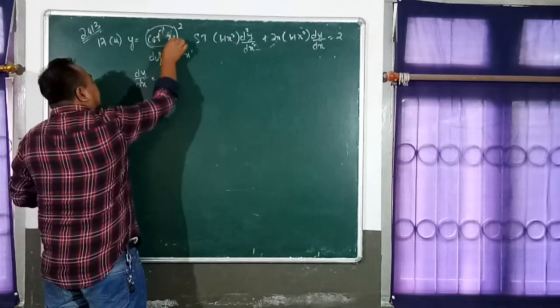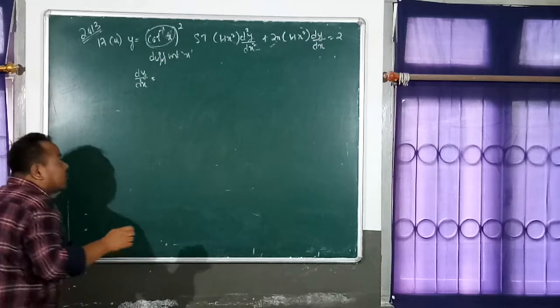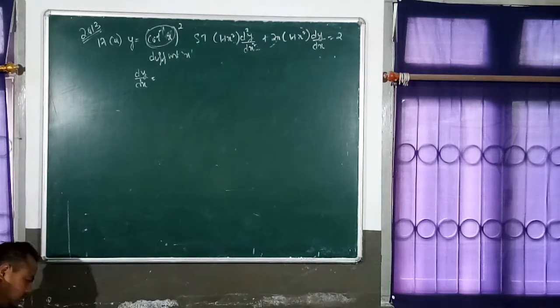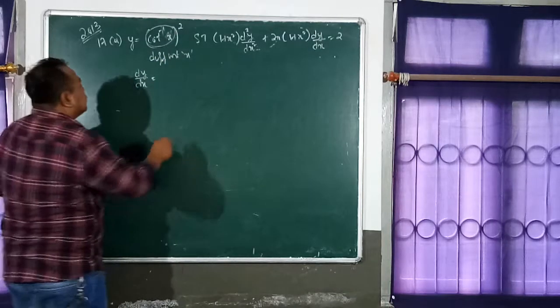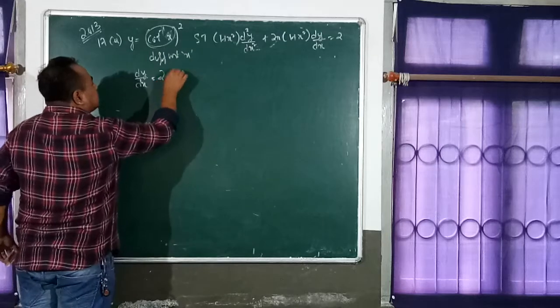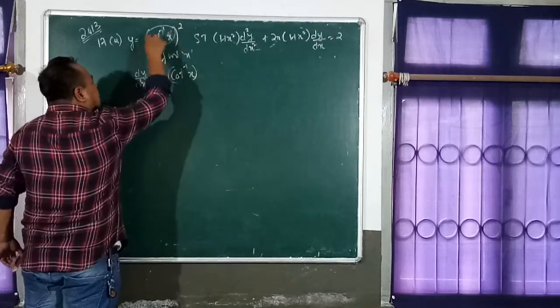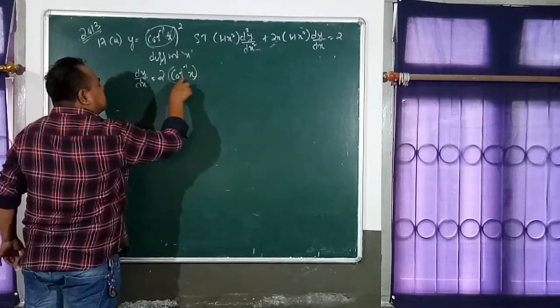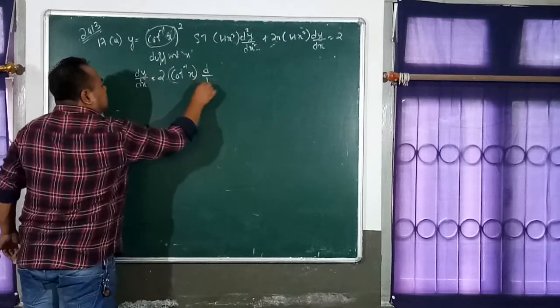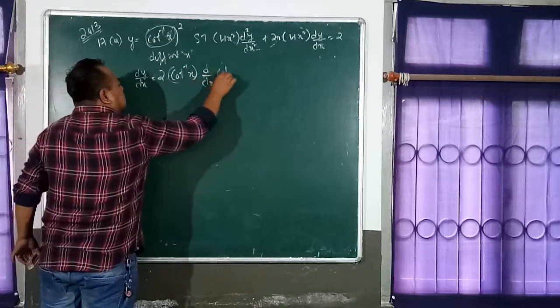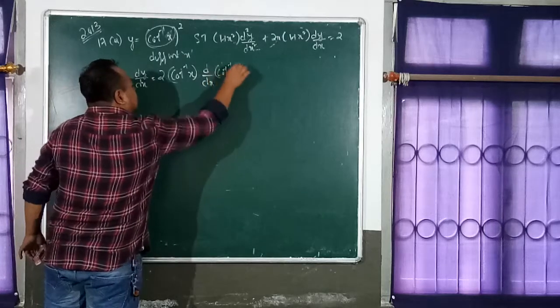So we assume this part as x. So x squared. So this becomes 2 cot inverse x. 2 comes in front, 2 minus 1 is 1, but this is just an assumption. So d by dx of cot inverse x.